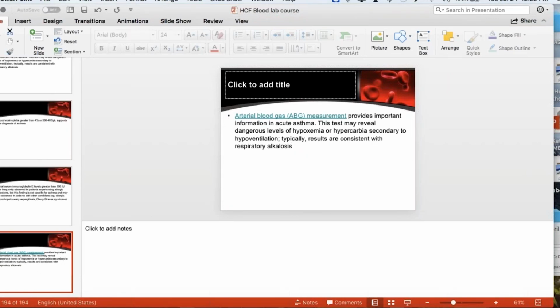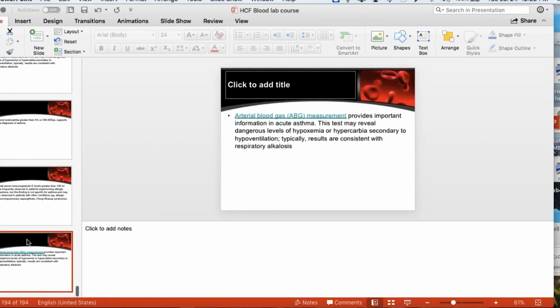Okay, so those are probably the highest yielding blood labs that you can get for asthma. There is an experimental lab that you can use.